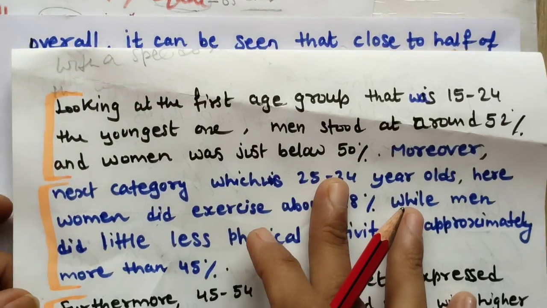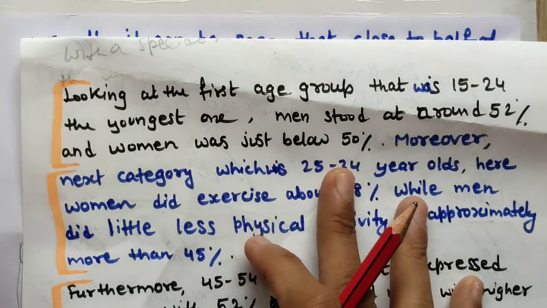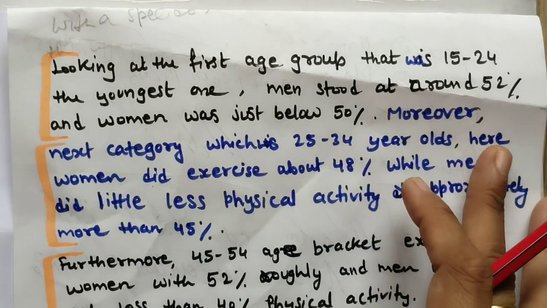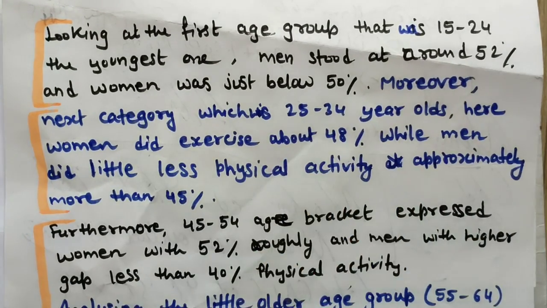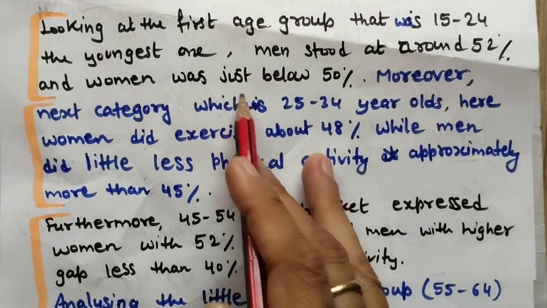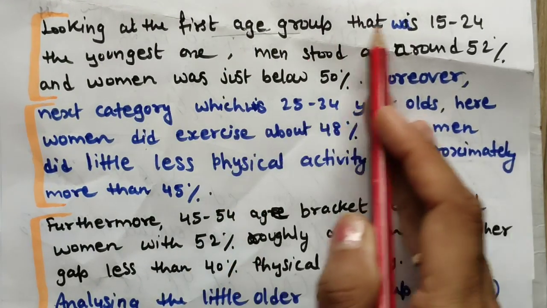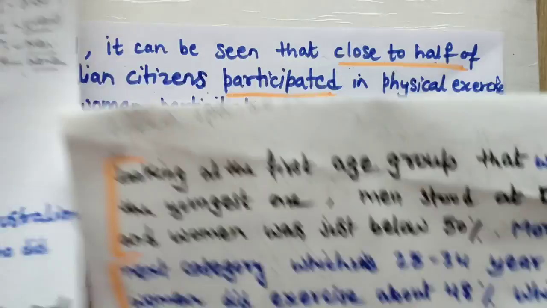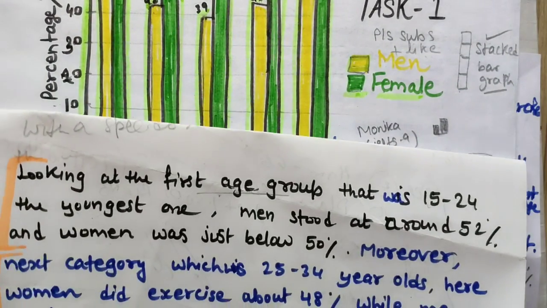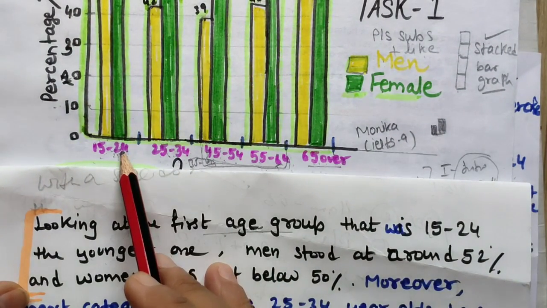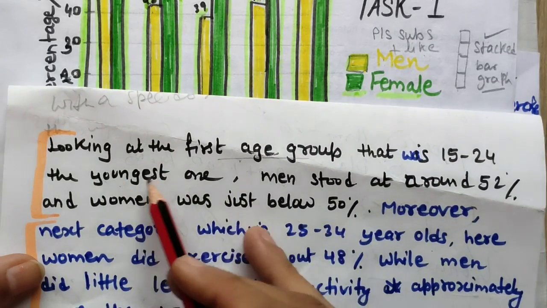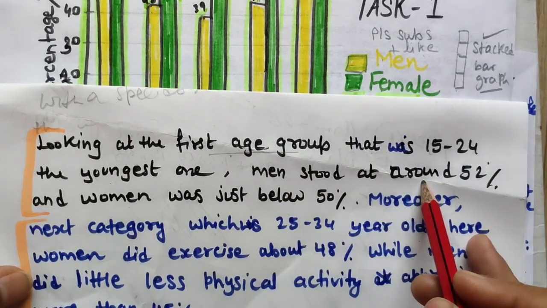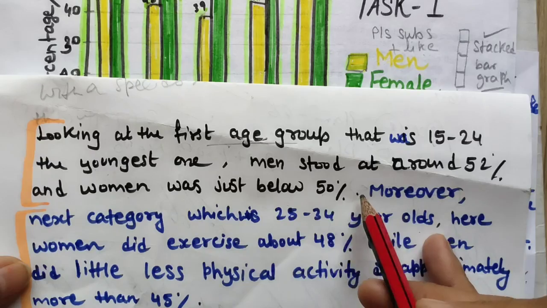I was showing you another way to write the body detail paragraph. There were five categories, so you can see how I have written it, looking at the first age group with the graph. Looking at the first category, 15 to 24, the youngest one, men stood at around 52% and women were just below 50%.